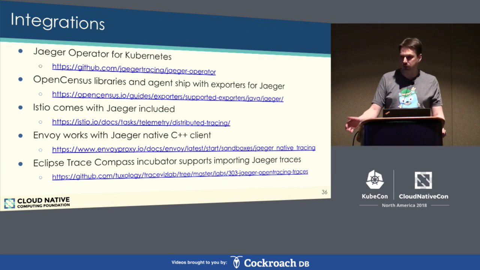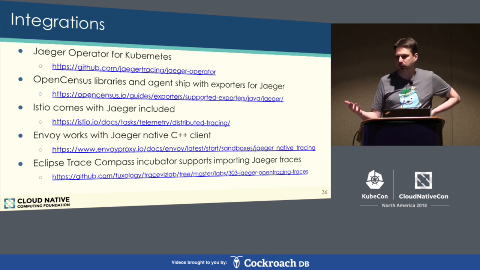Istio, the service mesh, is mostly for Kubernetes. With Envoy, if you download the Istio demo, it comes up with Jaeger by default, so you can get traces from any Istio demo application. And in production, you can also configure it to spin up Jaeger and integrate with it.